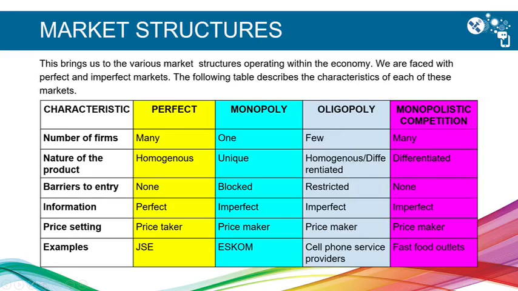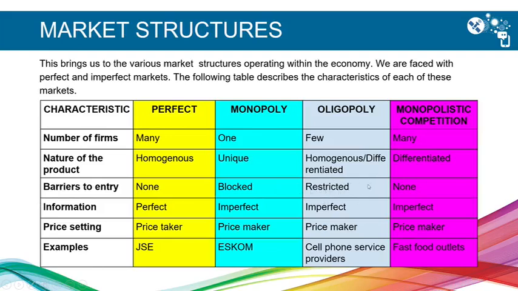And the nature of the product within an oligopoly can be homogeneous, meaning they are identical, or it can be differentiated, meaning heterogeneous, meaning there's something that differs from what the others are offering. The barriers to entry here: entry into the market is restricted.